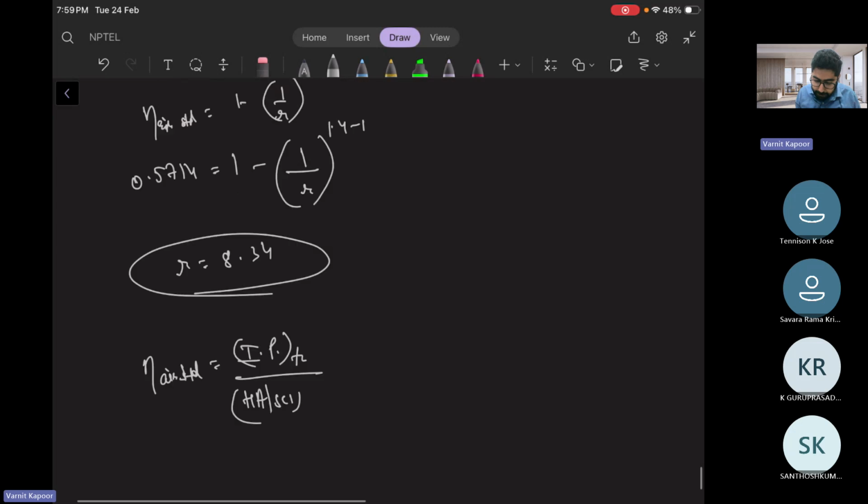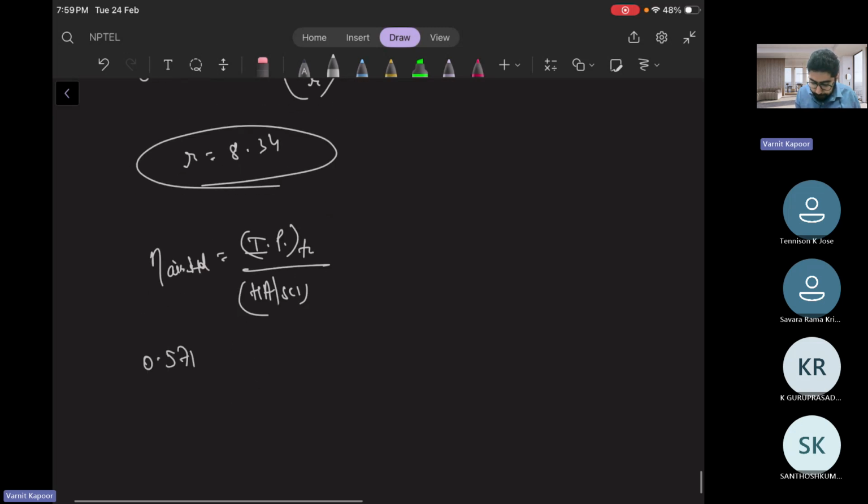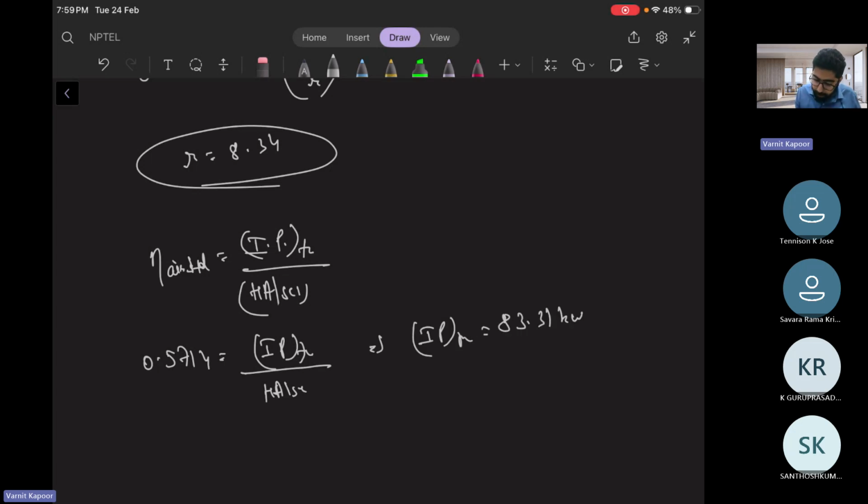We know that air standard efficiency is 0.5714. We want indicated power theoretical. Heat added per second we already know, we have already calculated above. So from here indicated power theoretical will come out to be 83.31 kilowatt.